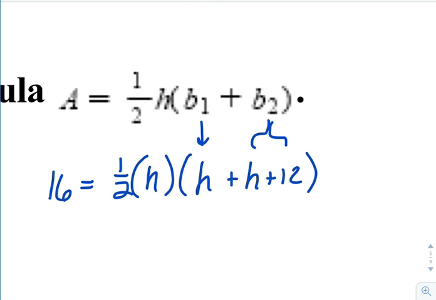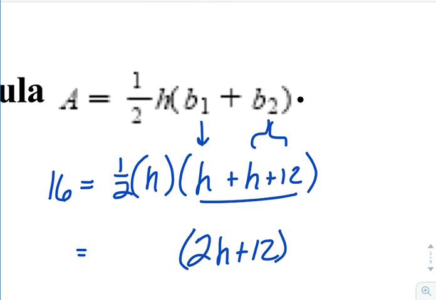Now, at this point, you're solving an equation. You're solving a quadratic equation. That's what it is. So let's simplify all this up here. We have 1/2 is chilling. All this simplifies up into 2h plus 12. That's being multiplied by an h and by a half.